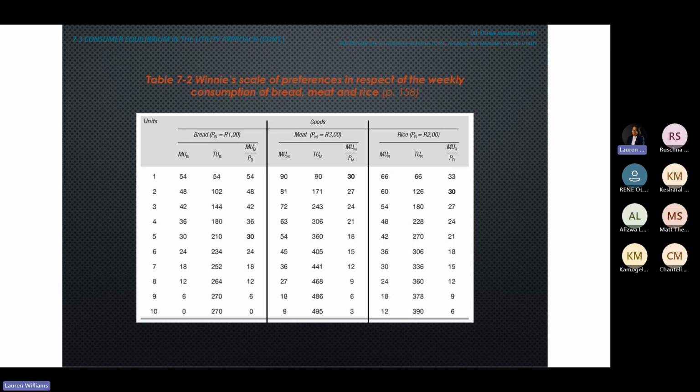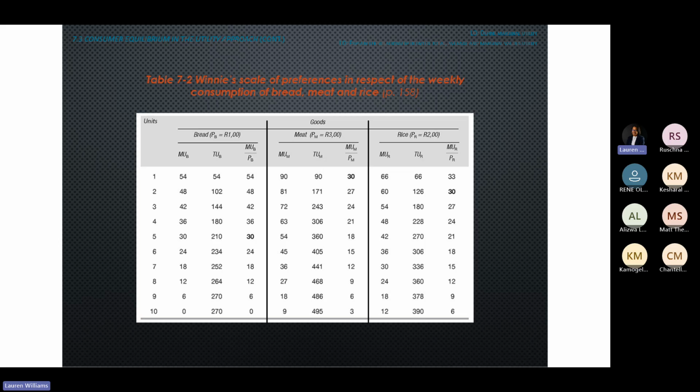There's a 30 in the consumption of 5, I want to say loaves of bread or slices of bread. There's a 30 as well, that's 1 unit of meat. And there's a 30 again, and that's 2 units of rice.